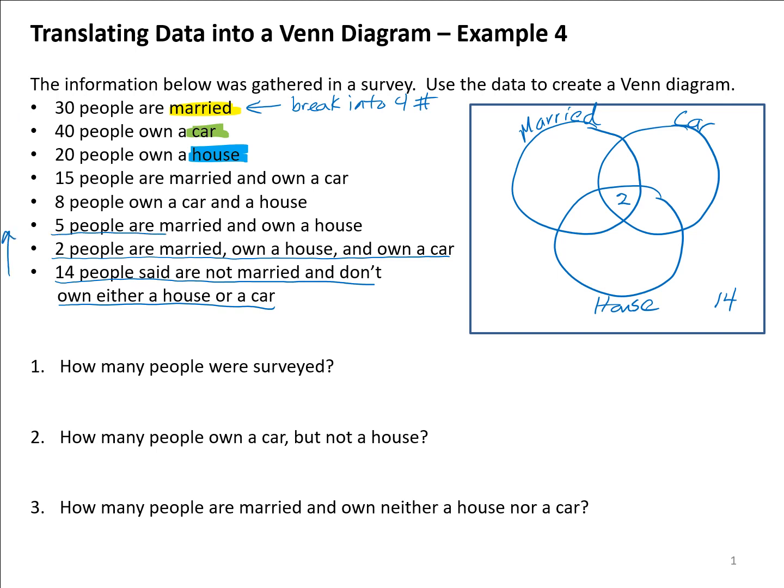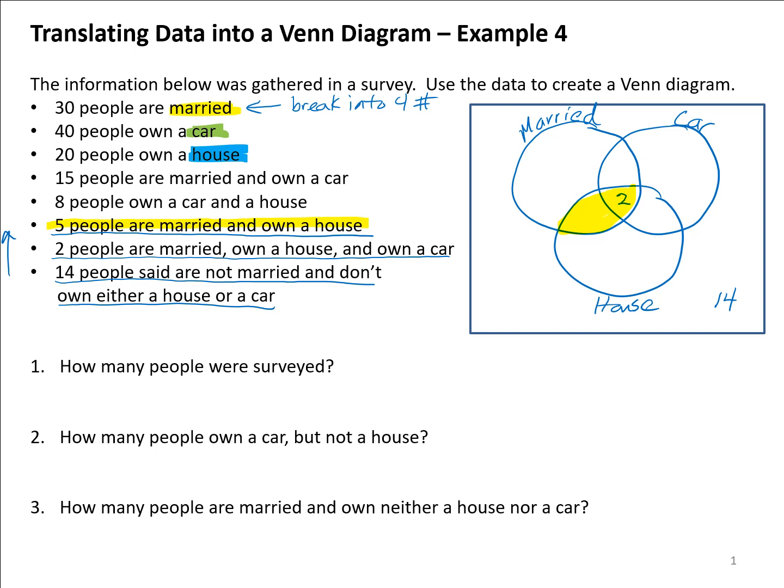Let's start with 5 people are married and own a house. So if 5 people are married and own a house, that means that they are in the overlap between being married and owning a house. So that overlap would be right here. And there's got to be 5 people in that shaded region. Those 5 people who are married and own a house, 2 of them are married, own a house, and have a car.